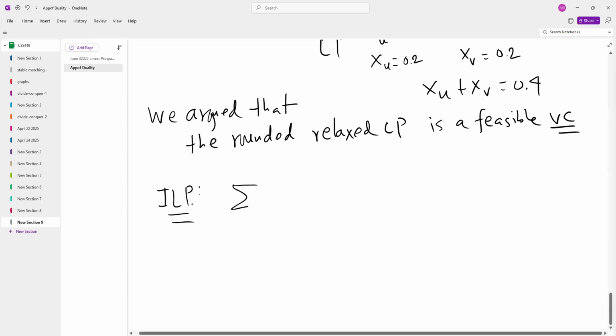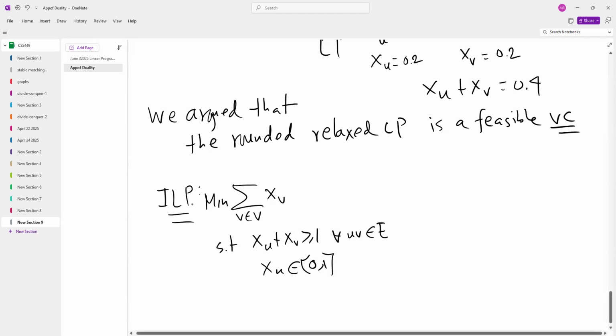It's like this. Let's say summation of v in the graph x_v. You're going to minimize this such that x_u plus x_v is greater than or equal to 1 for all uv in the graph, and x_u is 0 or 1. Okay.